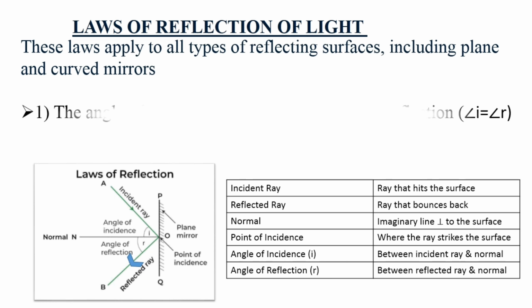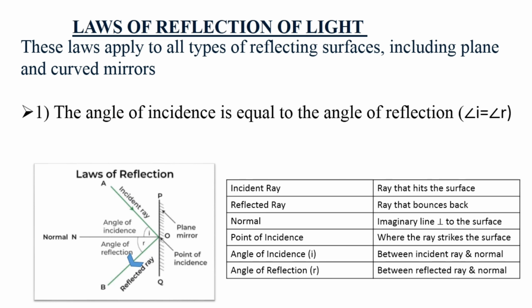Next are the laws of reflection of light. These laws apply to all reflecting surfaces, whether it is a flat mirror or a curved one. These are very important laws.